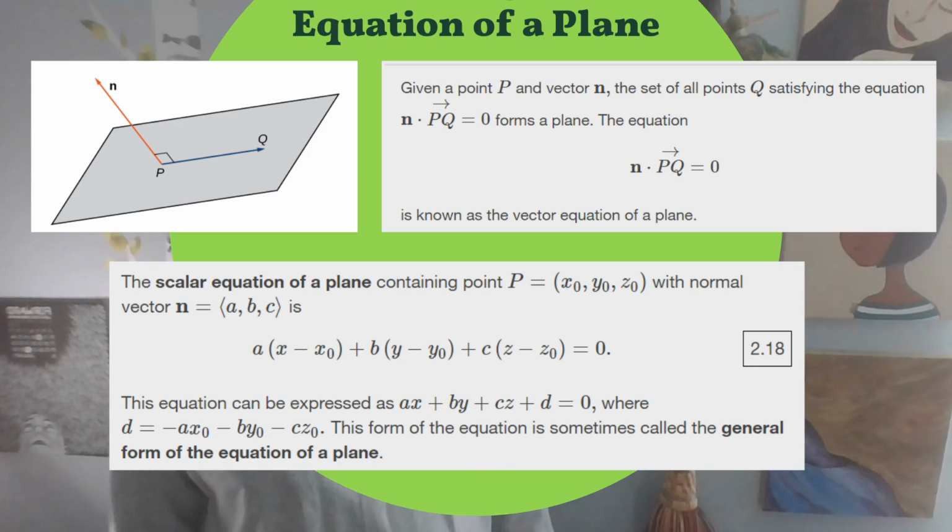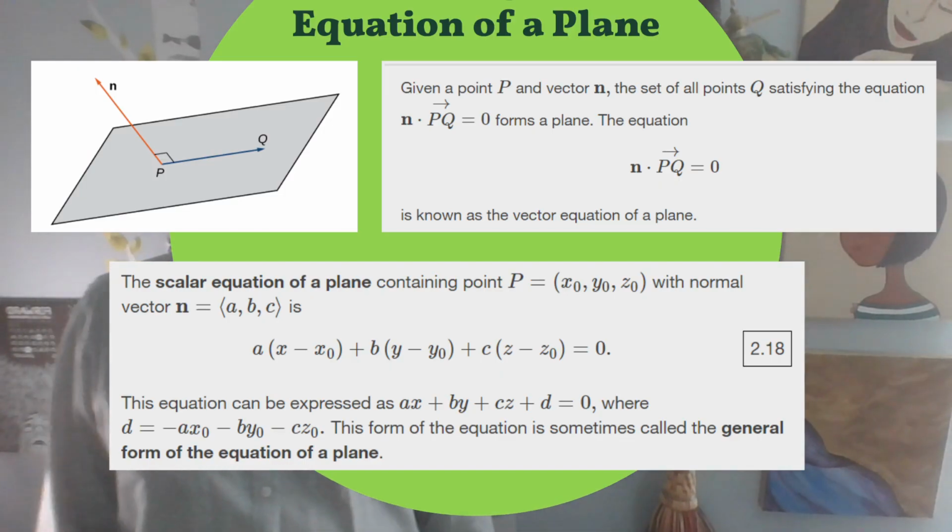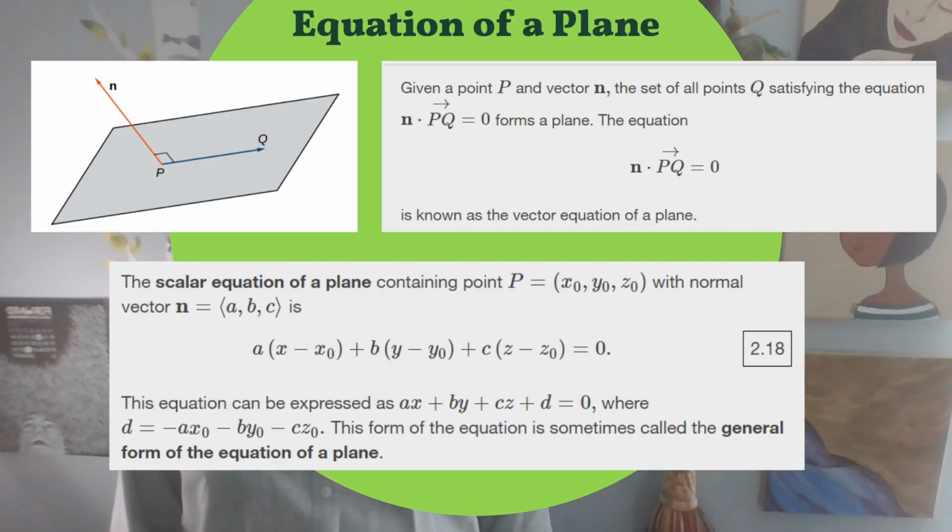Now, if you have that equation, you actually have all scalars. So this is what's called the scalar form of the equation, or the general form of the equation of the plane. And sometimes we write ax plus by plus cz equal to d, or in this case they have it written backwards, but in any case we can figure out what d is equal to, and d is just going to equal the dot product.